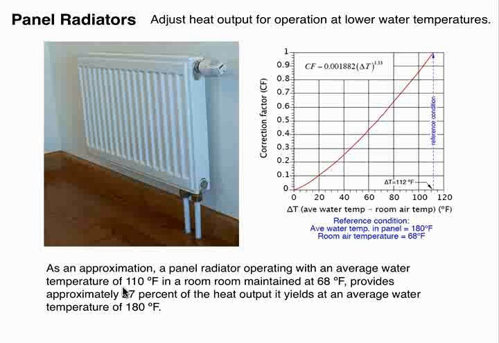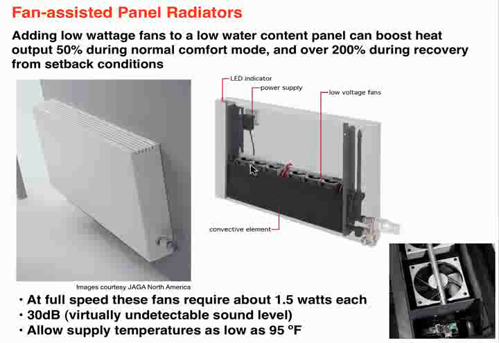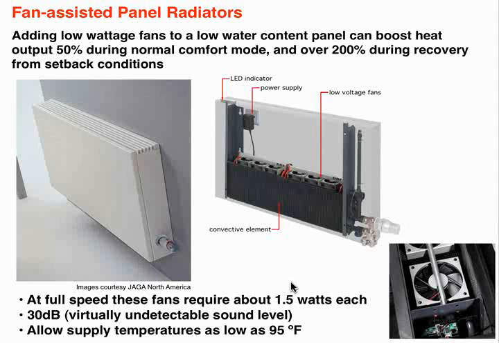Here's another unit that's out there from Jaga, North America. It is a deep convection coil with some very small, very low power fans. These fans are there to boost the convective output under low water temperature conditions. They're very low power. At full speed, they're about 1.5 watts each. Very quiet.